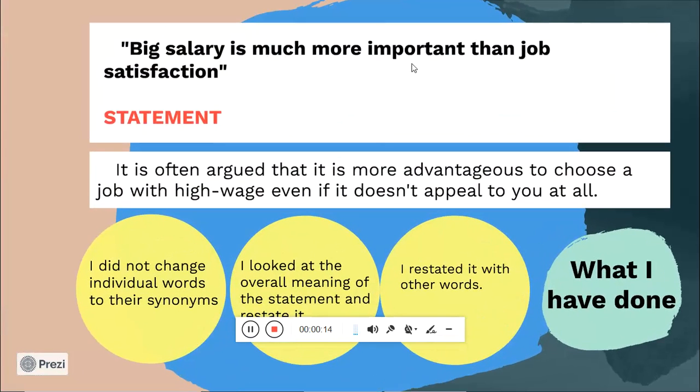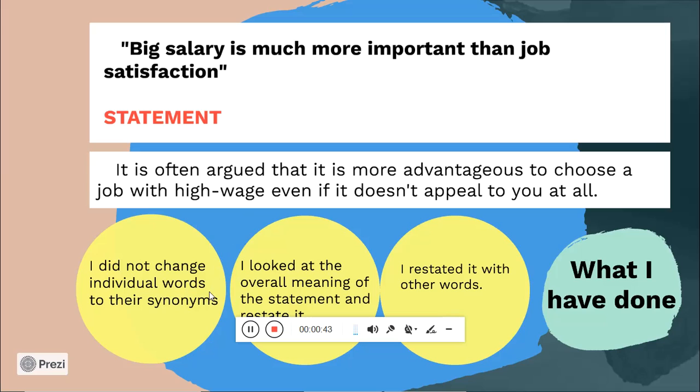Big salary is much more important than job satisfaction. The paraphrased sentence will be: it is often argued that it is more advantageous to choose a job with high wage even if it doesn't appeal to you. So I paraphrased this sentence with a job with high wage even if it doesn't appeal to you at all.